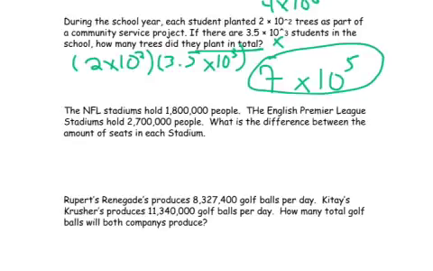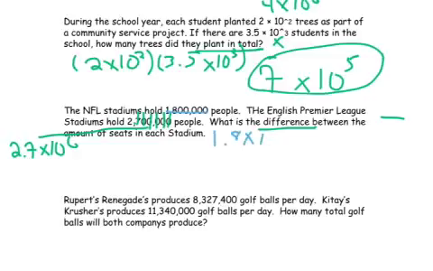Next one, the question states what is the difference? When you see the word difference, know to subtract. So I'm going to first make sure to convert each of these into scientific notation. So this one I'll slide over here would be 2.7 times 10, and I moved my decimal 1, 2, 3, 4, 5, 6 times. This one up here would be 1.8 times 10, and I move my decimal 1, 2, 3, 4, 5, 6 times.